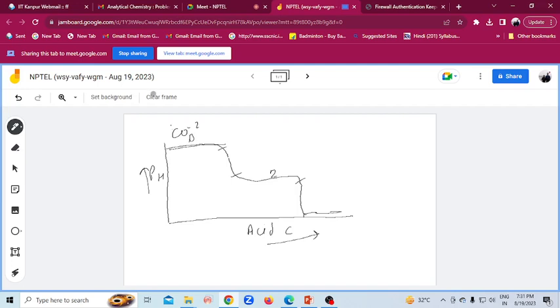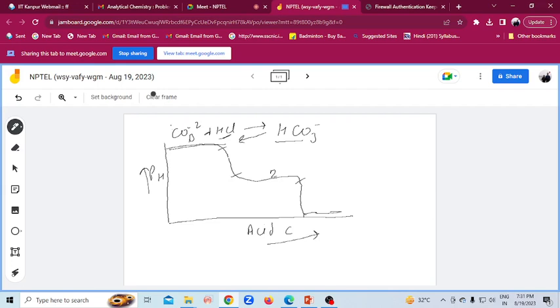Suppose it's carbon dioxide, and you are adding acid, suppose you are adding HCl. So what will happen? This carbonate, just a minute, it is CO3 only. It will make HCO3 minus, and it is also a reversible reaction. So when you add HCl initially, HCO3 minus ion will be produced.